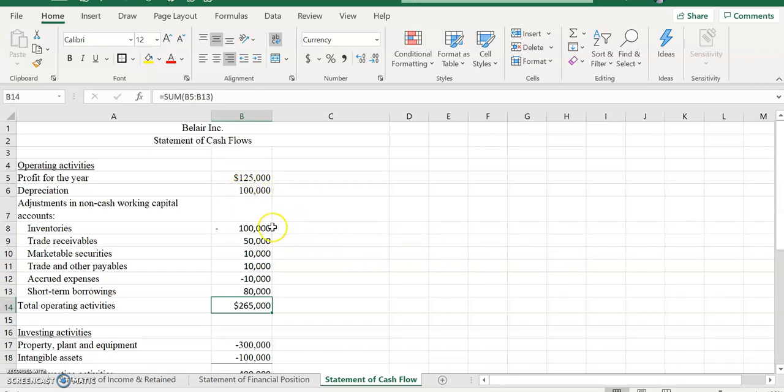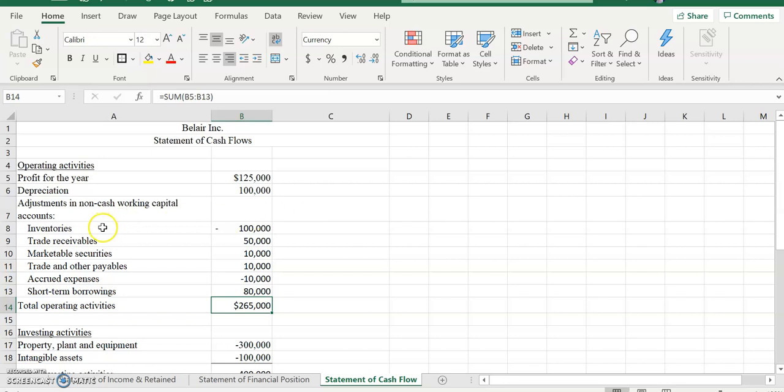Okay, so then we had to look at our non-cash working capital. And if you remember the other day in class, I mentioned that our working capital, the formula for that is your current assets minus current liabilities. So non-cash working capital are all of your current assets, except for cash, minus all of your current liabilities.